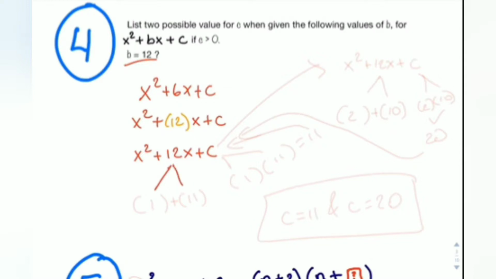Now we need two numbers that add up to 12 and two numbers that multiply to c. Those are the two criteria, okay? You must always follow these two criteria when doing factoring. So let's put a 1 here. 1 plus something equals 12 is 11. And 1 times 11 is 11. So that's one of the answers of C. Now let's start off here.